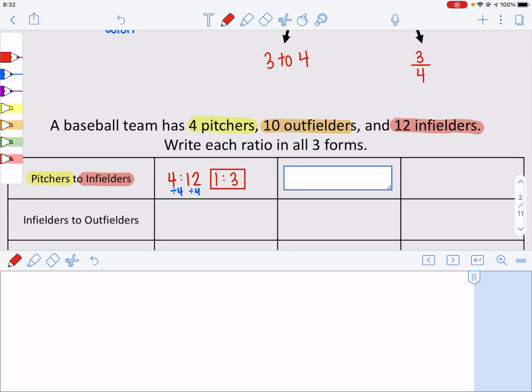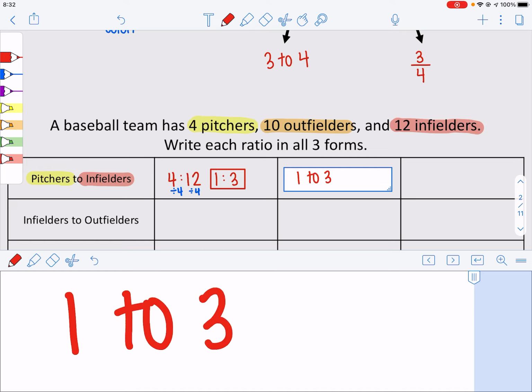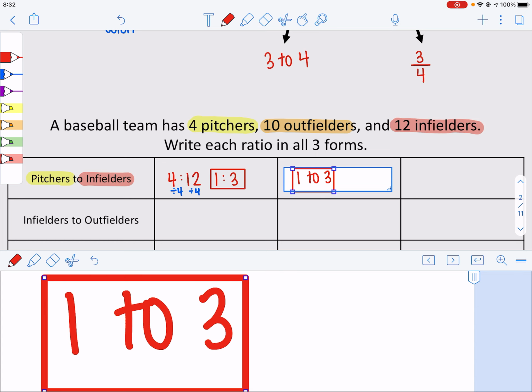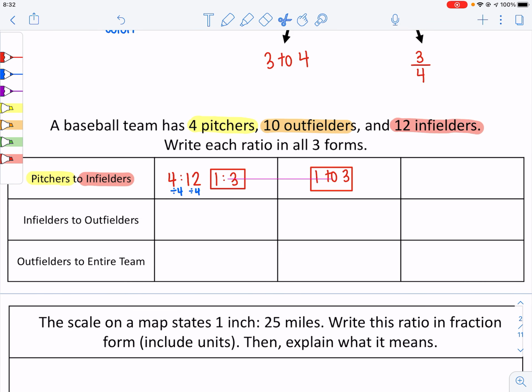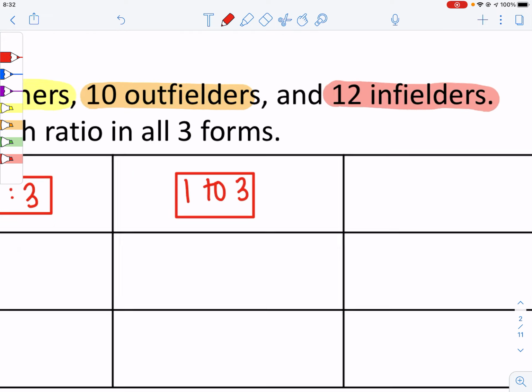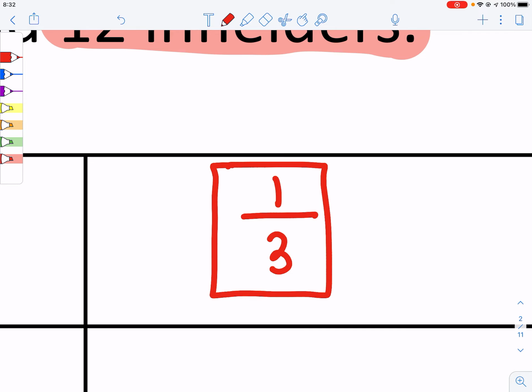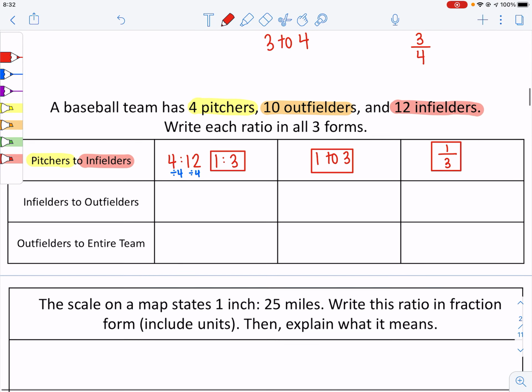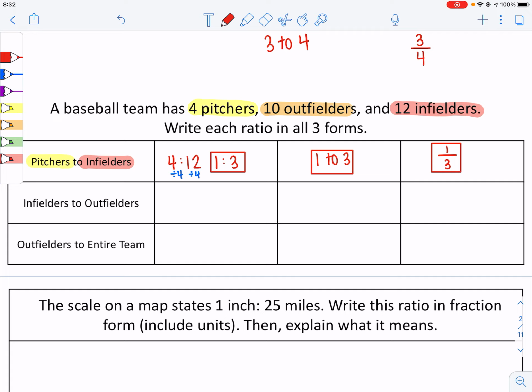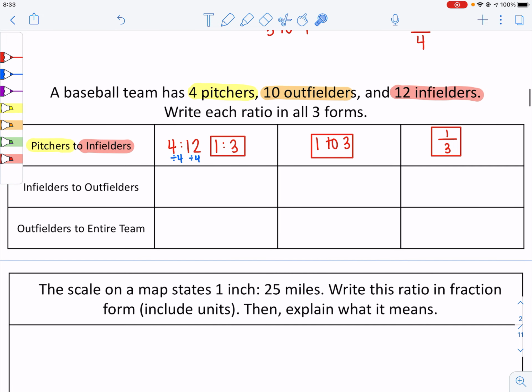The next way to write it is with the word "to" in the middle, so 1 to 3. And the last way is to write it as a fraction, 1/3. All this means is there's 1 pitcher to every 3 infielders. And again, order matters. Saying 1 to 3 is very different than saying 3 to 1. So 1 to 3 means that there's 1 pitcher for every 3 infielders on this baseball team.